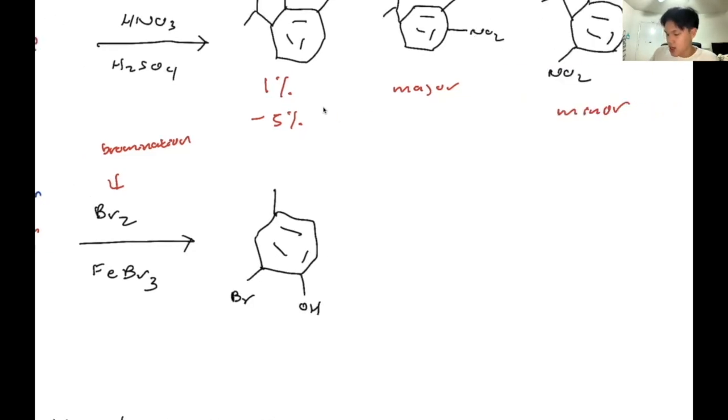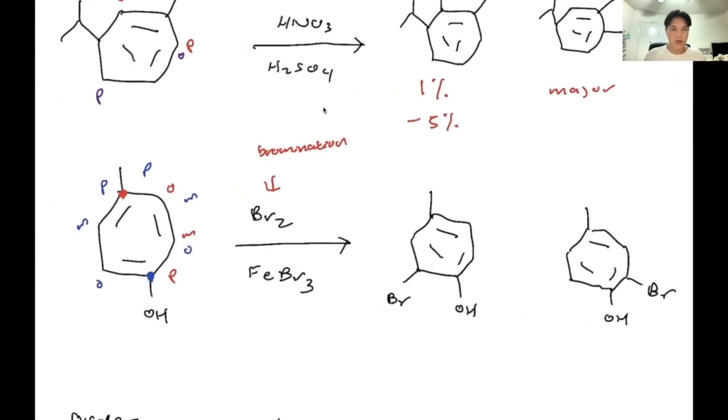And then it can also go to the other side, like that. So we learned how strong of a director that oxygen is, and oxygen beats out this methyl group, which means it's going to direct from the side that it's on, ortho or para.